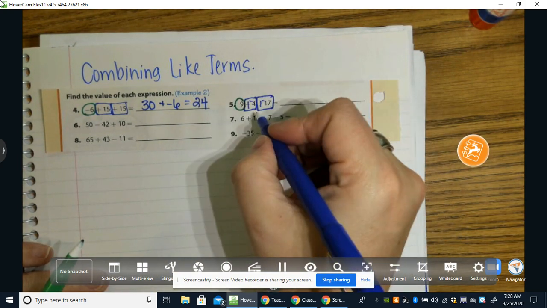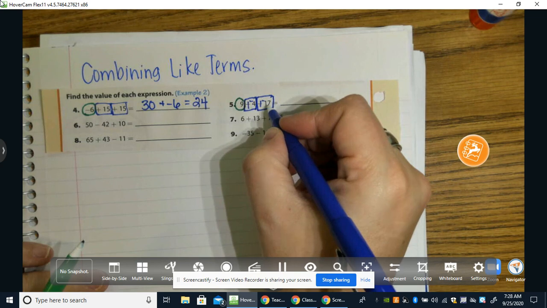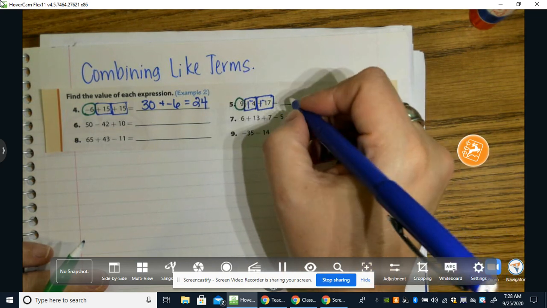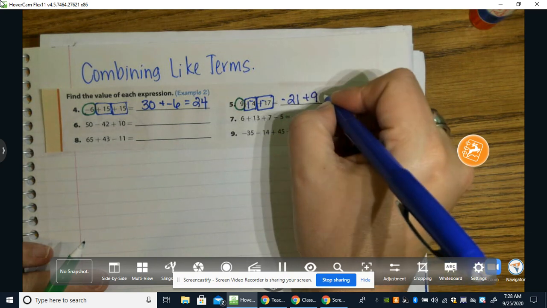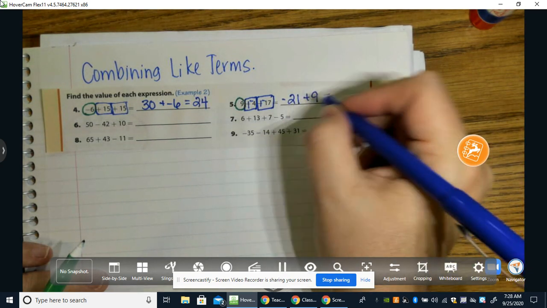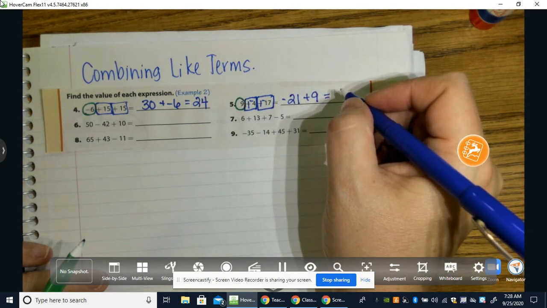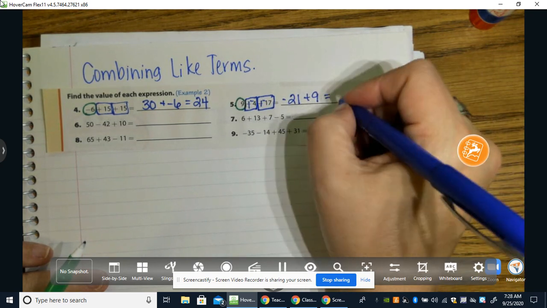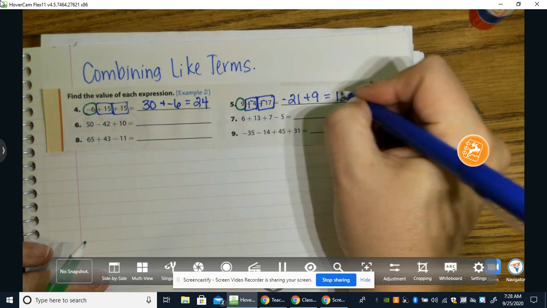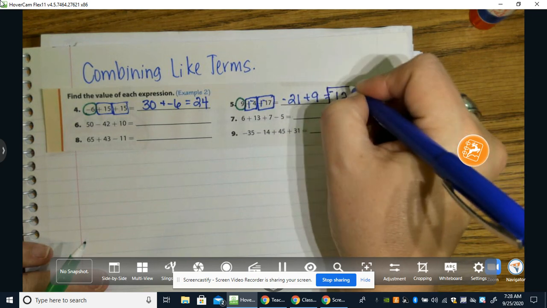So -14 plus a -17 gives me a -21 plus 9. Okay, so I have different signs, so I'm going to subtract, which gives me 12. And I have more of a negative than a positive, so it would be a -12.